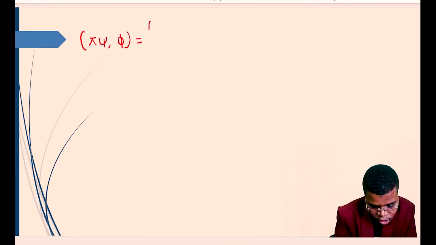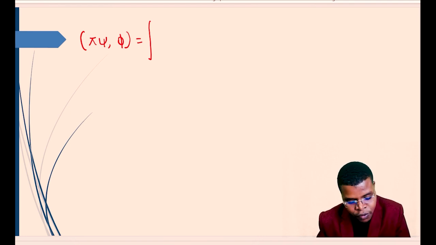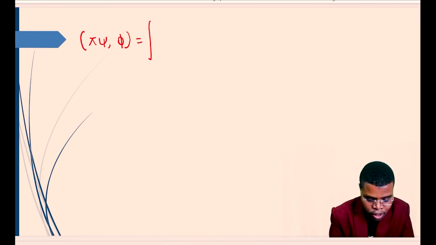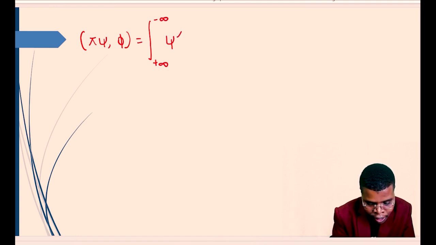In equation number 1, we have ⟨Pψ, φ⟩ equal to the integral. When we change the variable of that equation, the limits of the integral will change. It will become positive infinity to negative infinity. So here we have ψ complex conjugate of minus x.